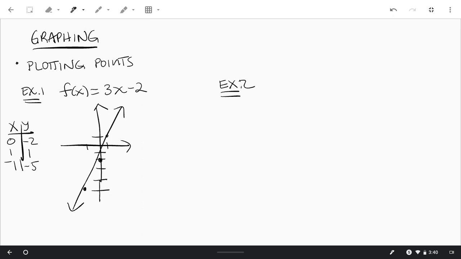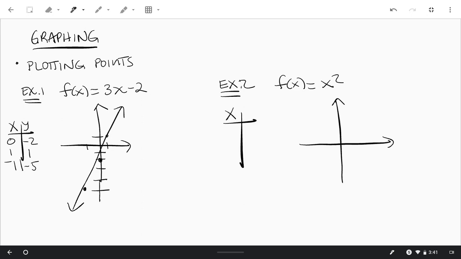So let's take a look at this graph. f of x equals x squared. Okay, very basic graph. Again, we'll take a look at that more in the next section. So here, I'm going to go ahead and make my table. And 0, 1, negative 1, also good to choose.